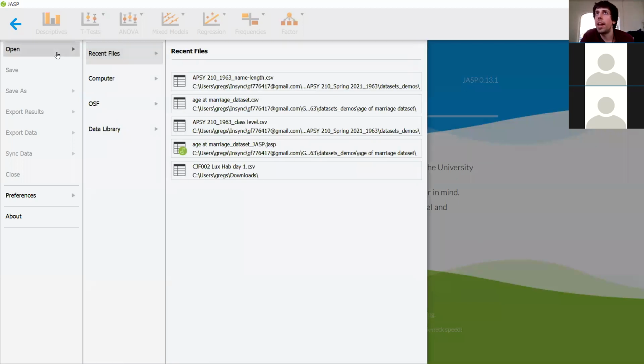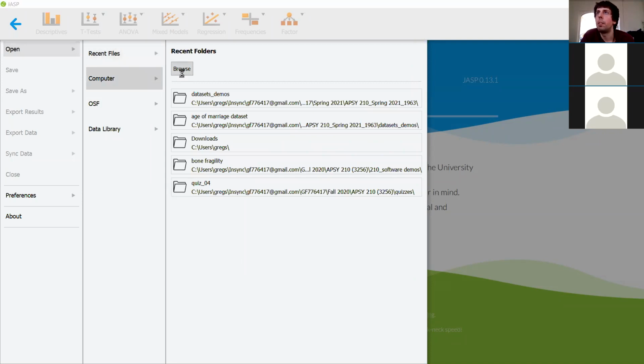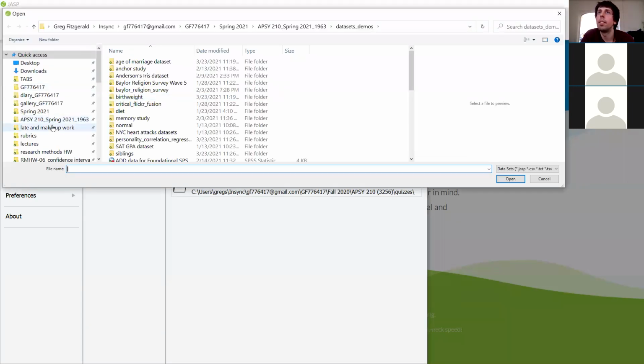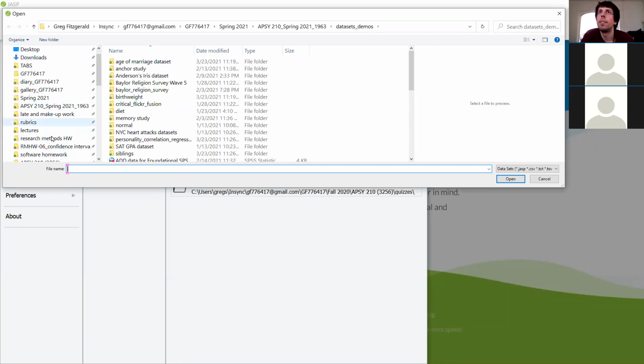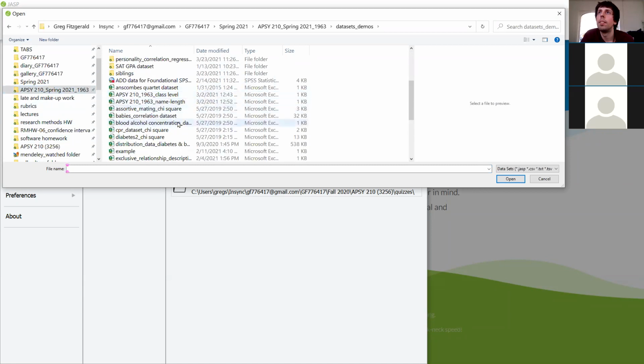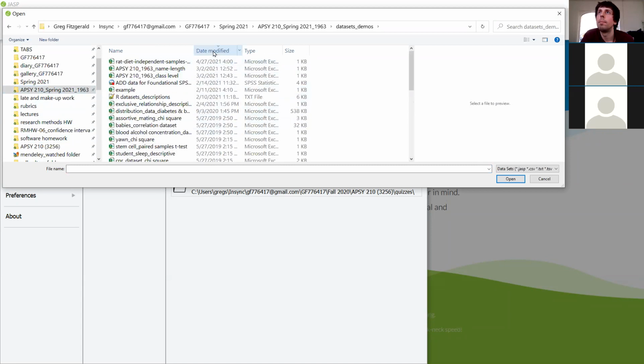Once we're in JASP, we're going to open up our recent files. So here's our file, rat diet independent samples t-test. Because this is a CSV file, JASP is going to know what to do with it.